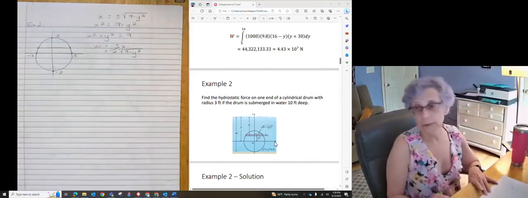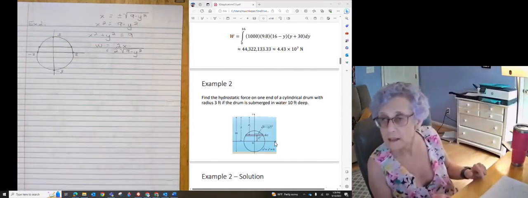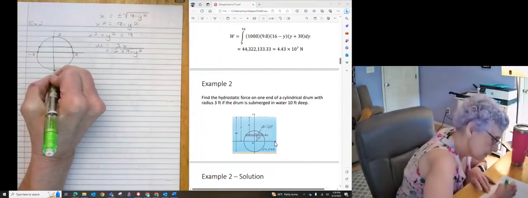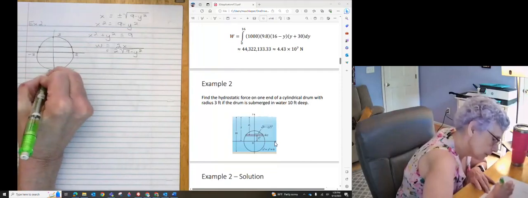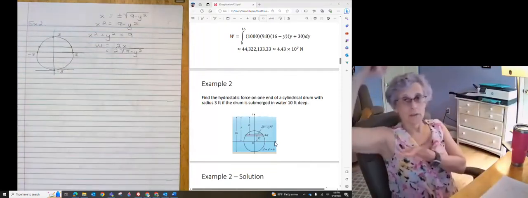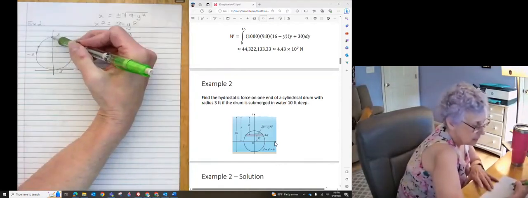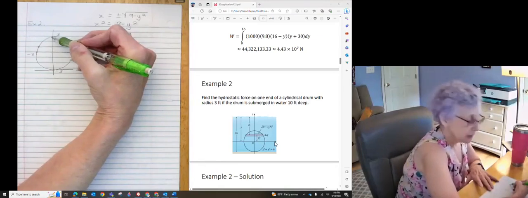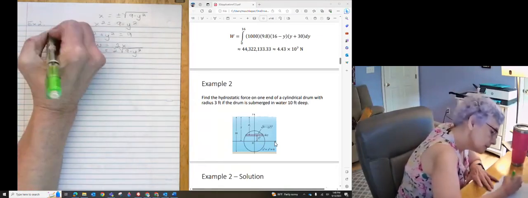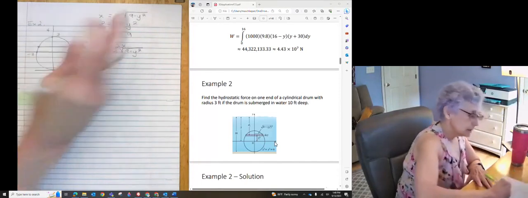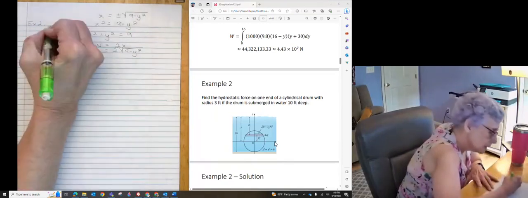Now we think about this is 3, this is negative 3, this is positive 3, this is negative 3. And it says that it's submerged in water that is 10 feet deep. So if this is the bottom of the water and the drum is sitting there on the bottom, we've got 3, 6 feet, but it's 10 feet of water, so there's another 4 feet that lives above the drum.